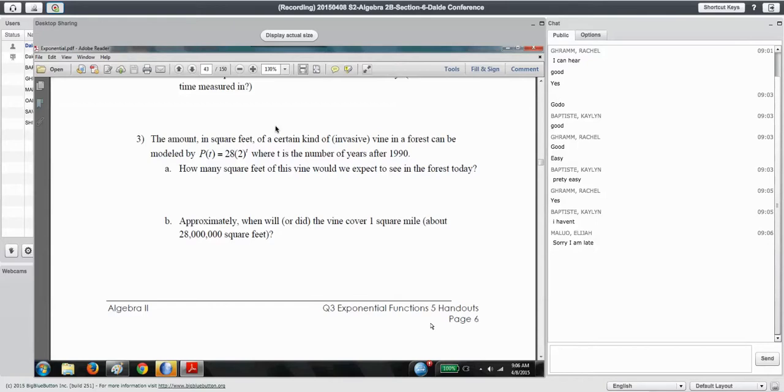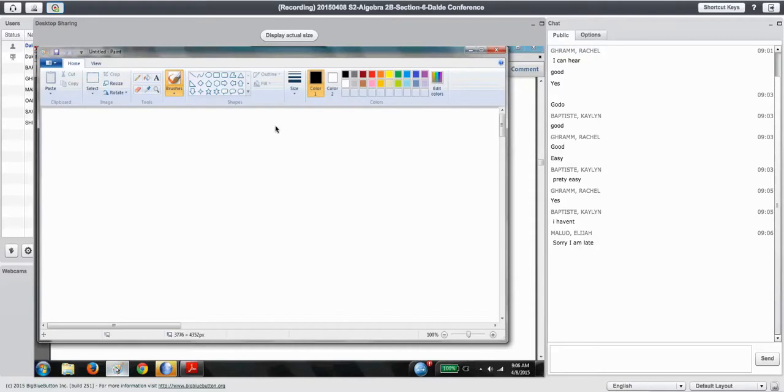The way I look at this equation is, remember, an exponential equation is f of x is equal to c times a to the x power. Now, that doesn't necessarily mean that you have f of x. This doesn't have to be f, this could be p. And this doesn't have to be x, it could be a t.